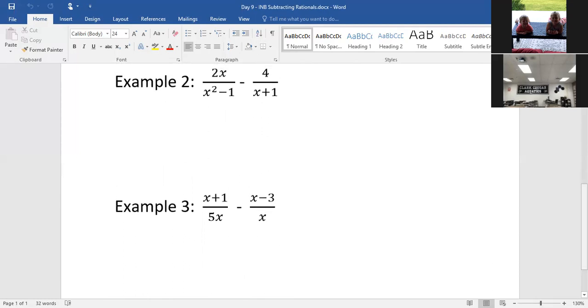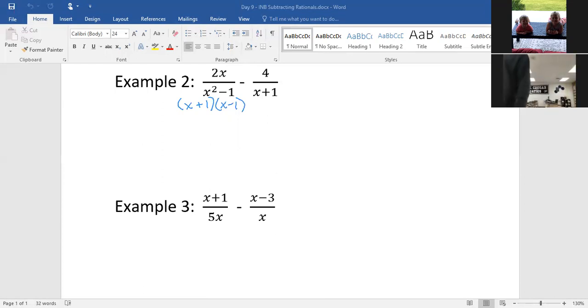Okay, the last two of the day. For example 2, the first thing I do is factor the denominator in the first rational. Whether you recognized this as a difference of two squares, factoring to x plus 1 and x minus 1, or you used the x method, saying 1 times negative 1 gave me negative 1 and 1 minus 1 gave me 0, which is my middle term, my b term, that would be okay as well.